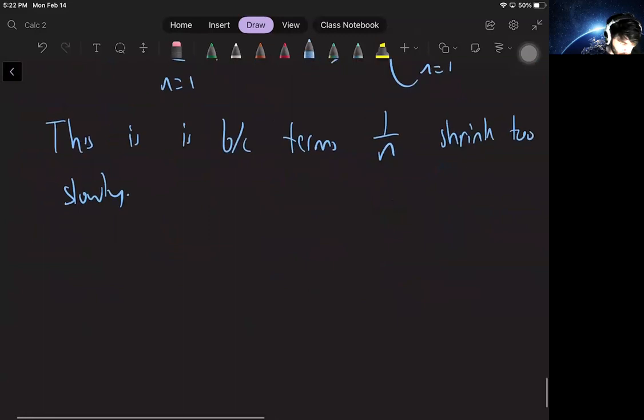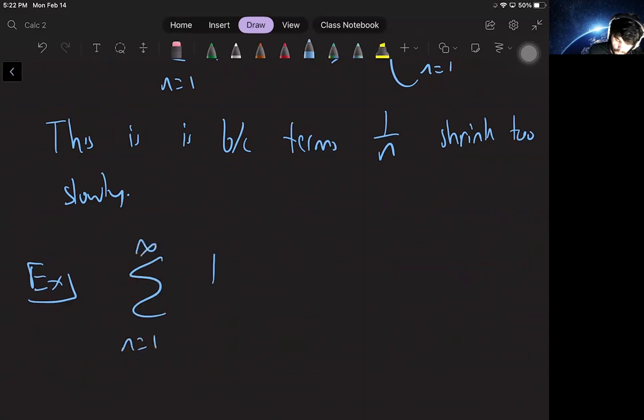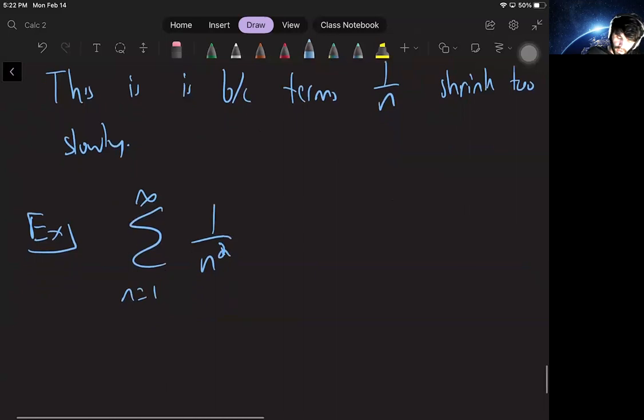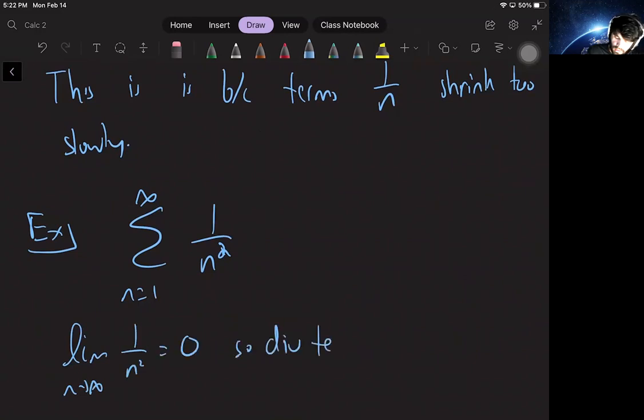Okay, so let's do 3 more real quick examples here. So here, 1 over n squared, you take the limit of just the inside and it's still going to be 0. So the divergence test is inconclusive.